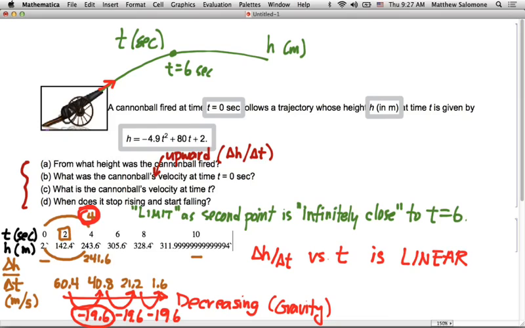We should be able to find a slope and an intercept of the relationship between dh dt, the velocity, and t, the time. Let's try it. What is the slope of this relationship between dh dt and t? How do I find it?